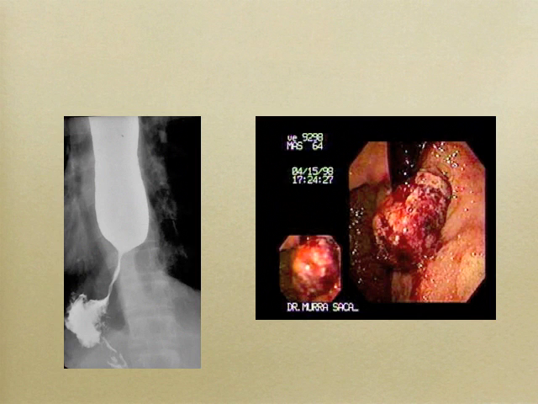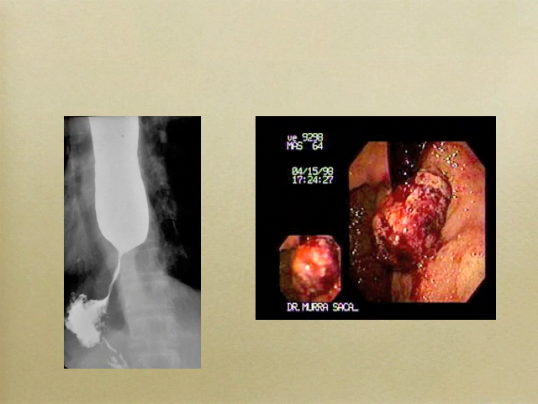Now in terms of diagnosis, barium is an initial test, but the test of choice is manometry. And in manometry, what you're looking for is the failure of the LES to relax. The lower esophageal sphincter fails to relax. It is not elevation in LES pressure. That is not the pathognomonic finding.